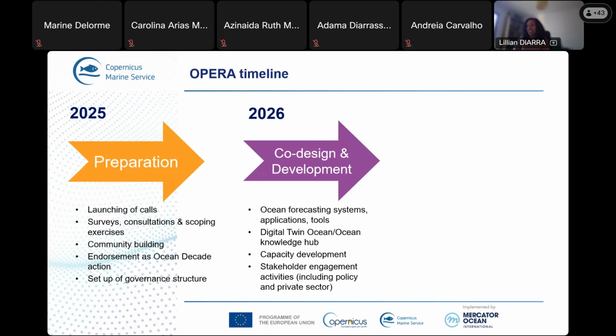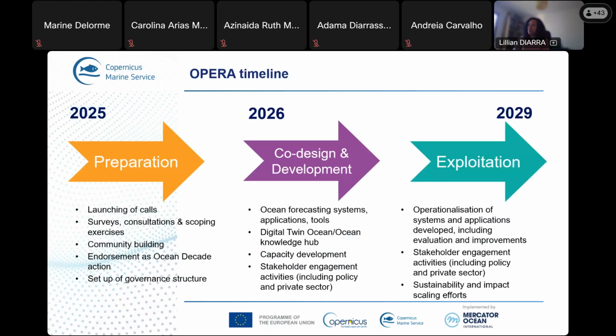Capacity development activities will start, and so will the stakeholder engagement activities. And then from 2027 onwards, right up to the end of the project in 2029, we really hope to see the operationalization of the different systems and applications, with a focus on sustainability and impact scaling. And this is in a nutshell the OPERA timeline.